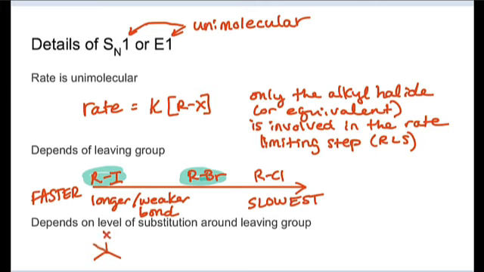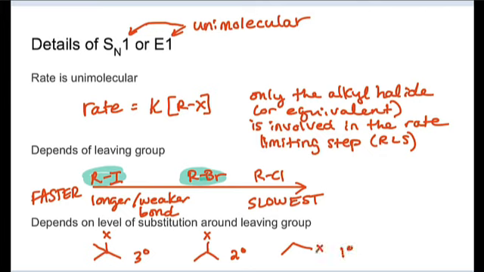So it turns out that tertiary sites for leaving groups, where the carbon attached to the leaving group is attached to 3 other groups, is going to be the most likely spot for an SN1 or E1 reaction to occur. Secondary sites where the carbon is attached to 2 R groups is the next most likely. And then we have primary leaving group sites.